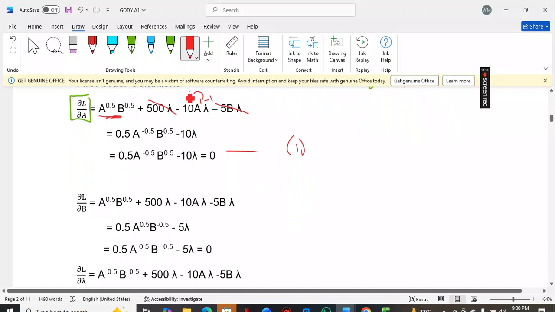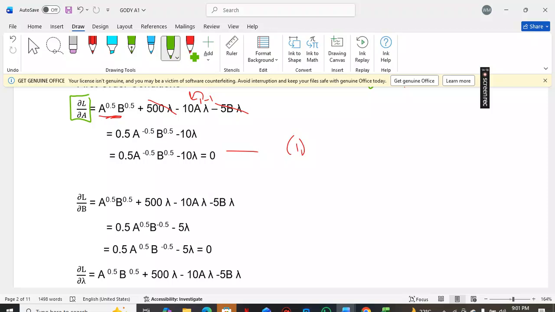Next, we're going to derive with respect to b. We'll do partial differentiation of our function with respect to b.